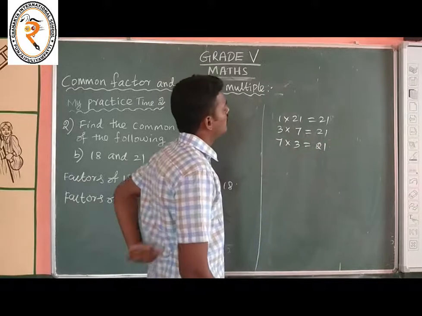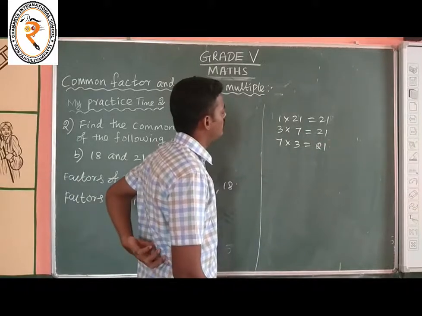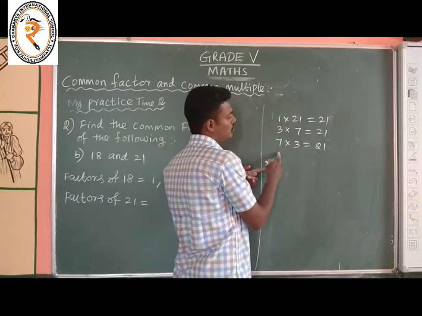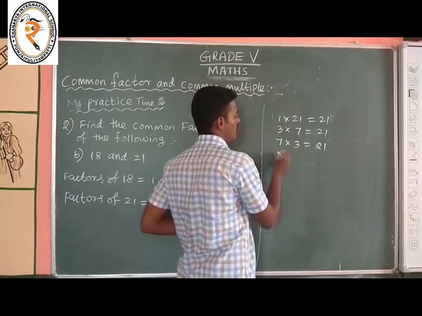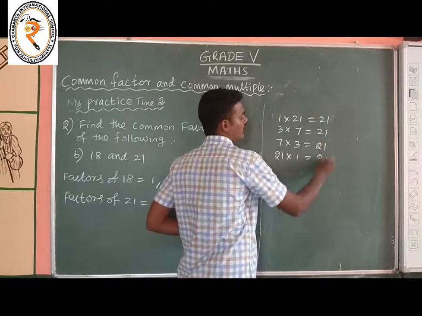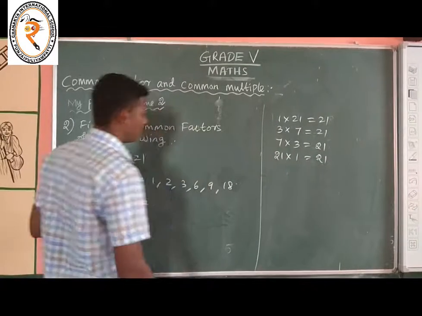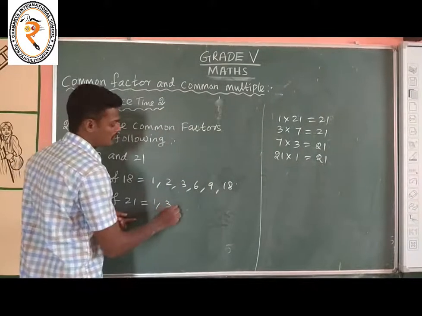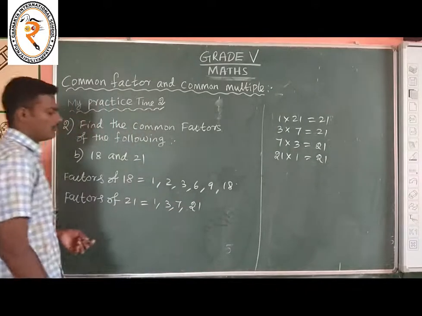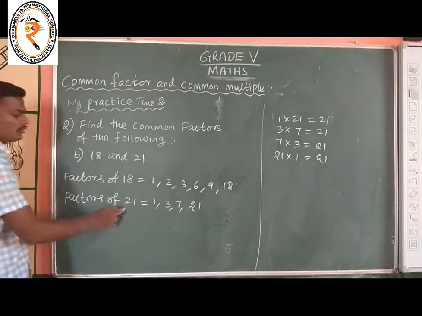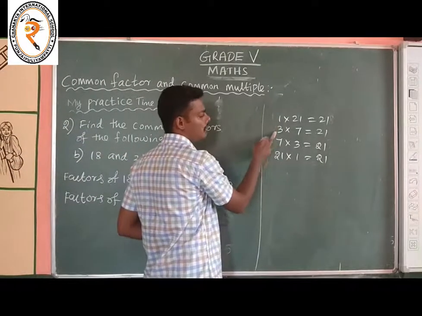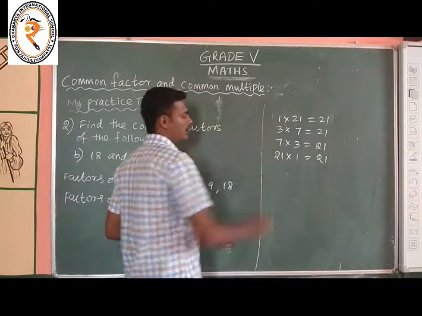Eighth, ninth, 10th, 11th, 12, 13 no. So the 21st table, 1 21 is 21. Therefore, the factors of 21 are in 4 tables: first, third, seventh and 21st table.